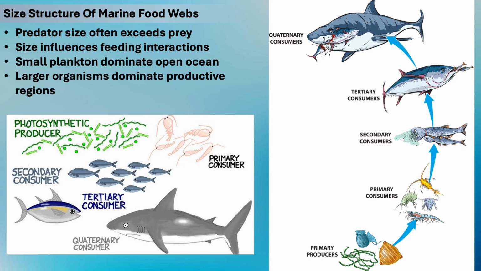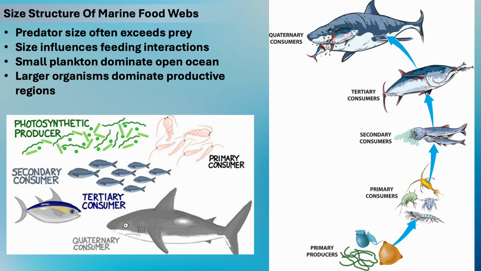The size structure of plankton communities can strongly influence the efficiency of energy transfer through the food web. When primary production is dominated by larger phytoplankton cells, such as diatoms, zooplankton can often consume them directly, allowing energy to move quickly to higher trophic levels.